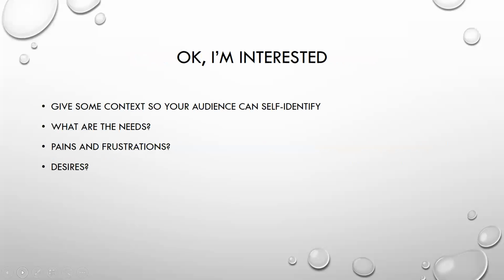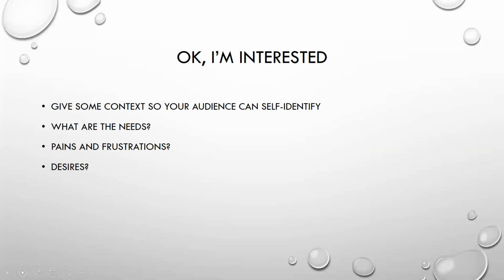So how do you then appeal to the people who are saying, okay, I'm interested? What you need to do is give some context so that these interested phase people can self-identify. What do I mean by that? Well, think about this. Your audience, what are their needs? What are their pains and frustrations? What are their desires?